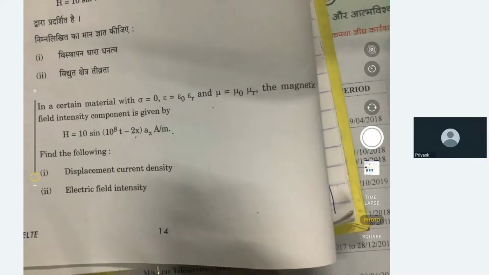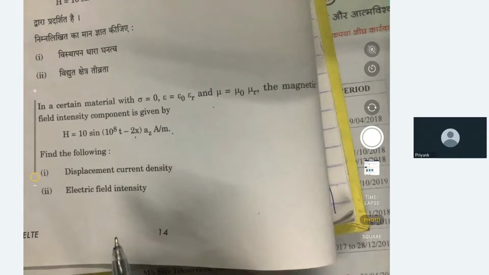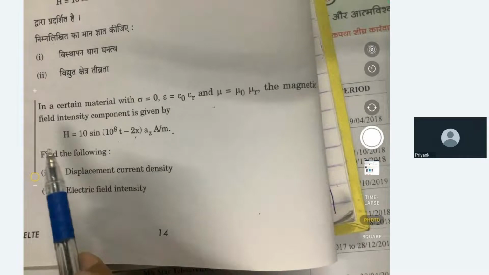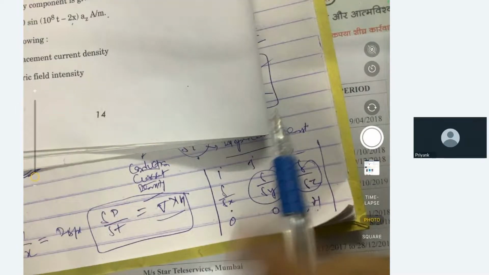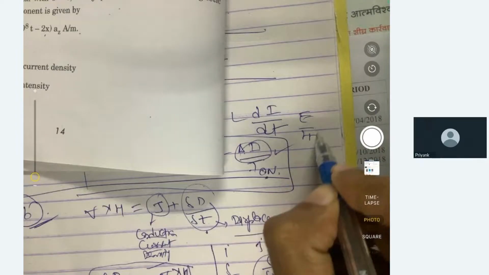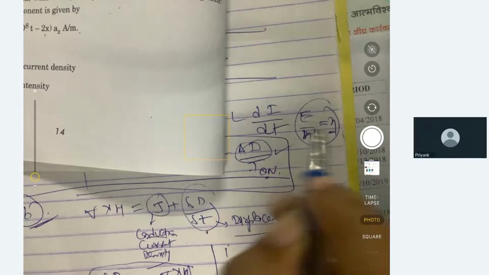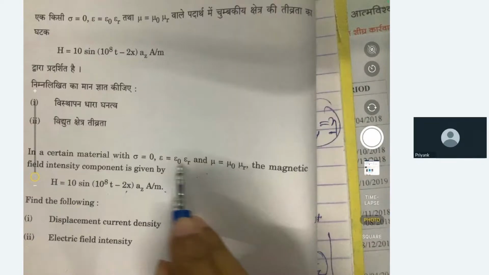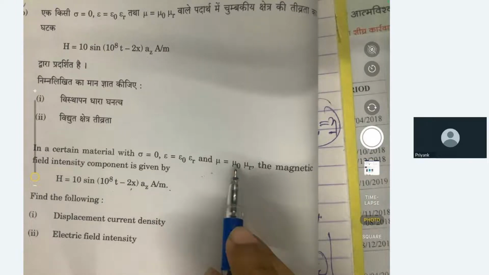The second part is electric field intensity. Electric field intensity can be easily found out by dividing, since we know E upon H is equal to eta. Eta we can find out from these two values, where mu r, epsilon 0 and mu 0 have their usual values.